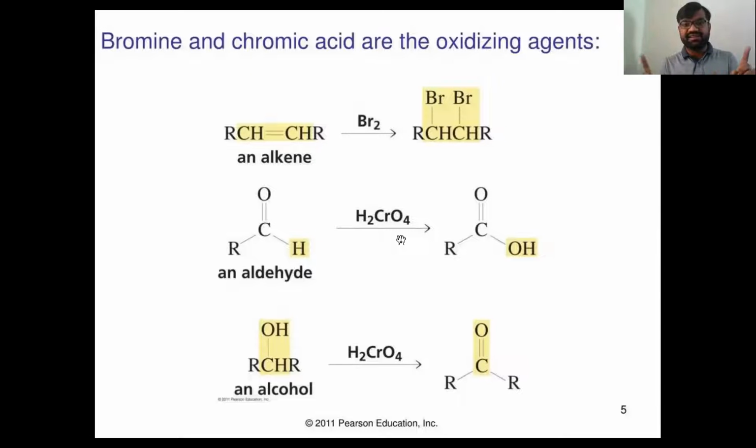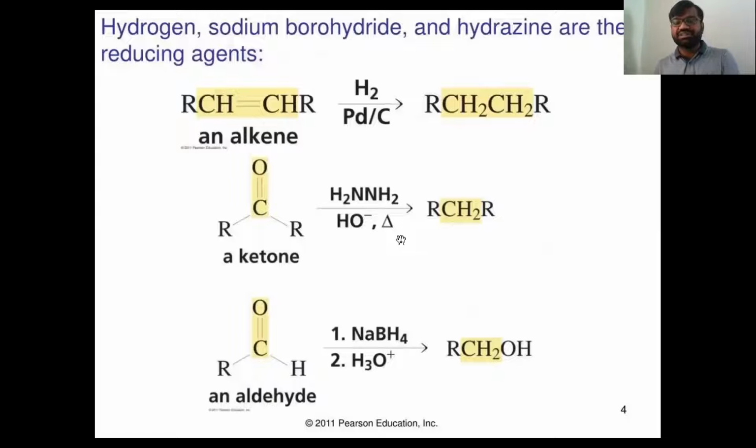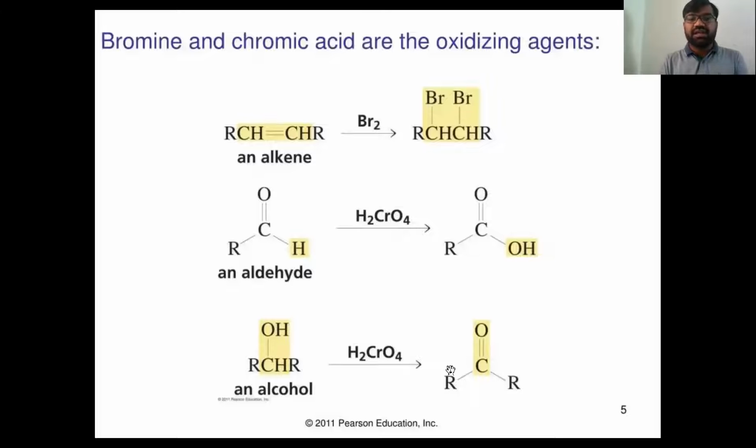Hope this is clear. Addition of oxygen is called oxidation. Addition of hydrogen, कहाँ hydrogen add हुआ है? Carbonyl carbon के ऊपर. That's why now it has formed alcohol. And look at this. If we oxidize alcohol, तो क्या होगा?